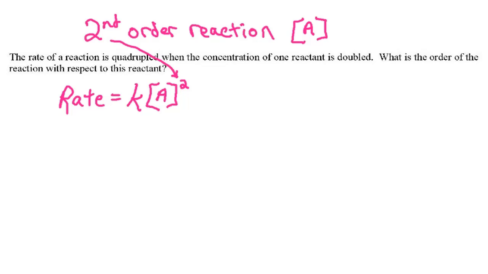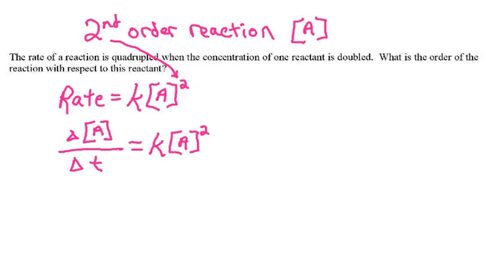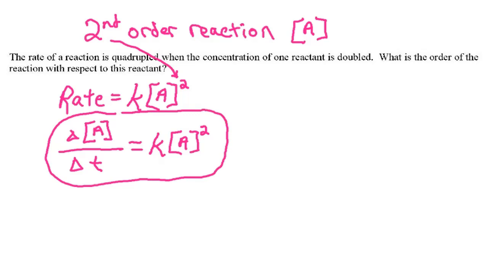Now remember, the differential rate law is going to be the change in the concentration of A over the change in time set equal to the rate constant times the concentration of A to the second power. So this is what we need to keep in mind in case we get asked any more questions about this specific reaction.